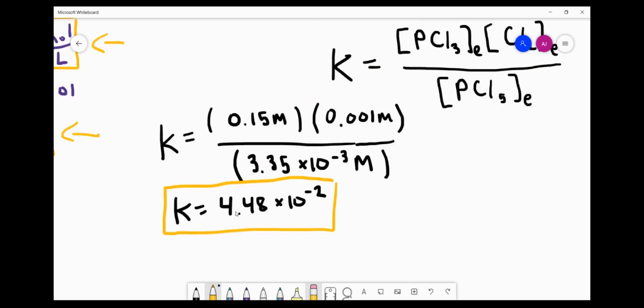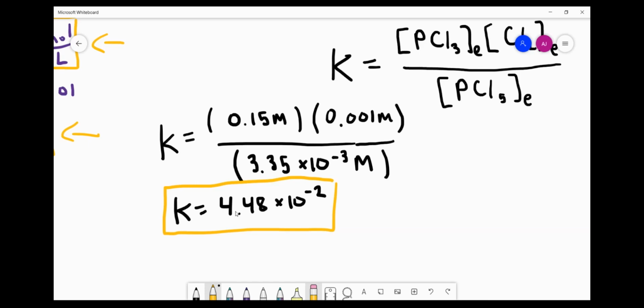Here's my answer for K. The equilibrium constant at this temperature and pressure is 4.48 times 10 to the negative 2, or 0.0448. Even though you could include units for the equilibrium constant, I will avoid those and we'll just treat it as dimensionless. It's just a constant value.